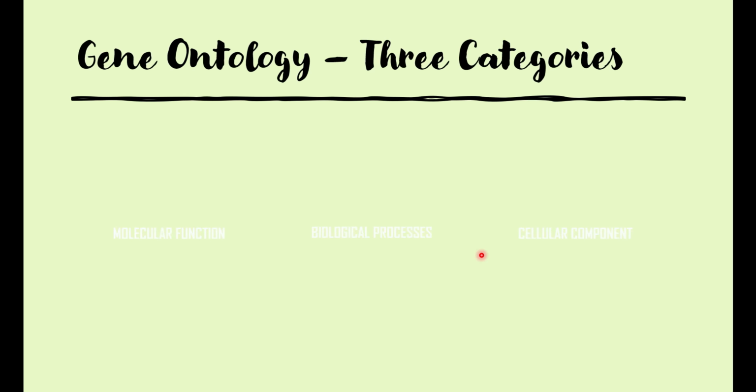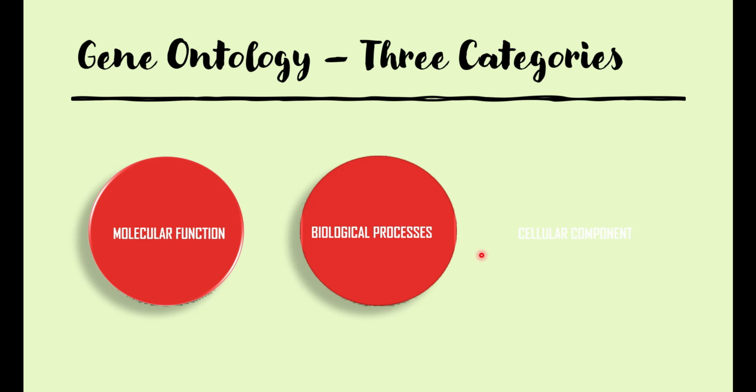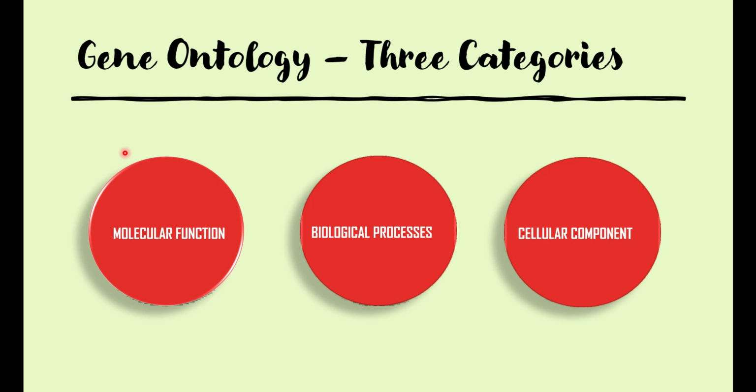Gene ontology is divided into three categories, namely molecular function, biological processes, and cellular components. Molecular function categorizes the genes in respect of their molecular functions, like carbohydrate binding or ATPase activity.